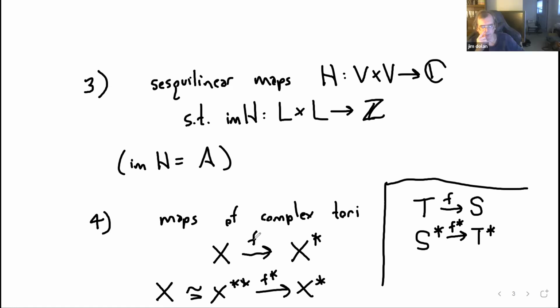I'll just say that certainly I believe that if your line bundle was a polar coming from a polarization, it would be self-dual in a sense. But I suspect that it's true for every line bundle.